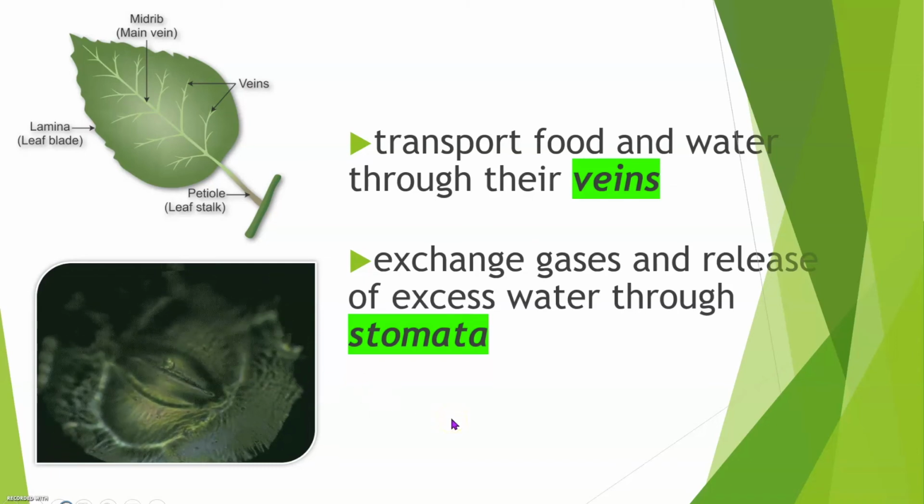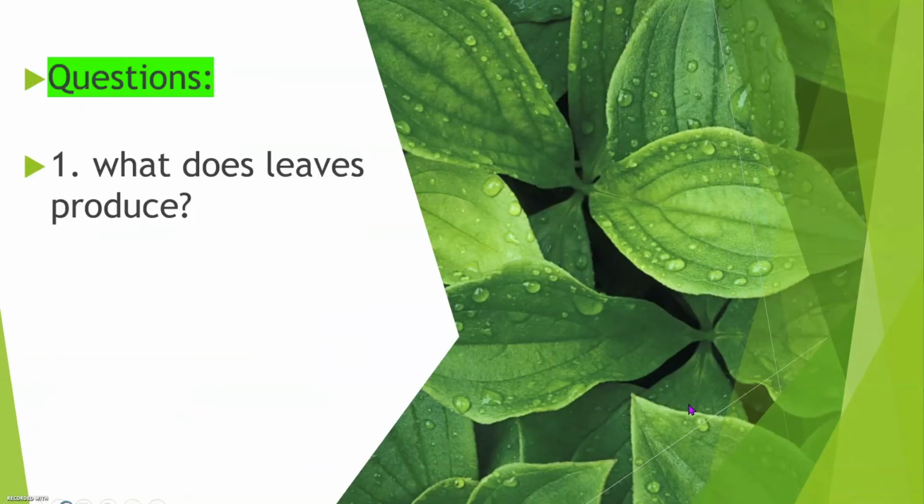Okay, again, what does the plant use to release excess water and exchange gases? Very good. It's called stomata. Good job, everyone. Okay, I think we are ready to answer the questions. Number 1.